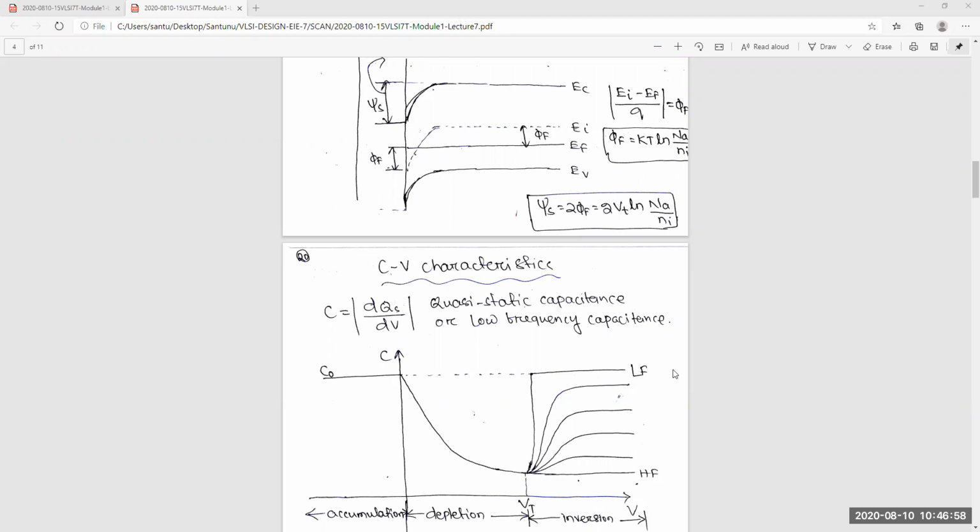Don't always follow the equations. First understand the physics from the device, then we apply the equations. So anyone?